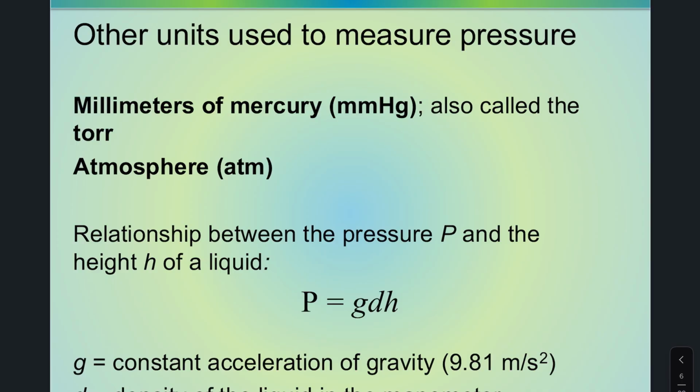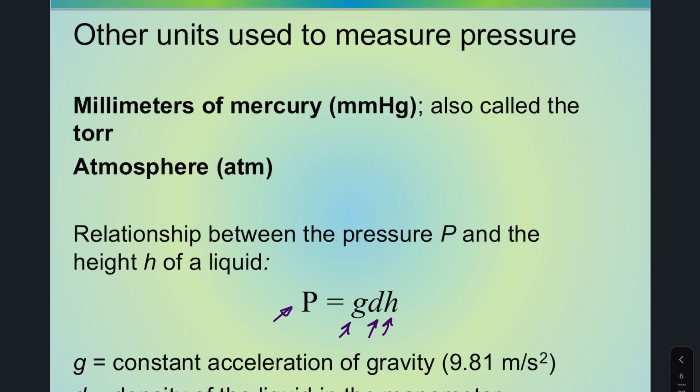Okay, so the relationship between pressure and the height of a liquid when we're talking about a barometer is going to be this: P equals G, D, H, where G is the constant acceleration of gravity, which we've talked about before. It is the number of meters per second squared, the amount that the meters per second is increasing.